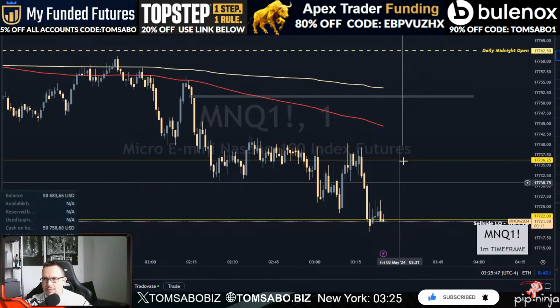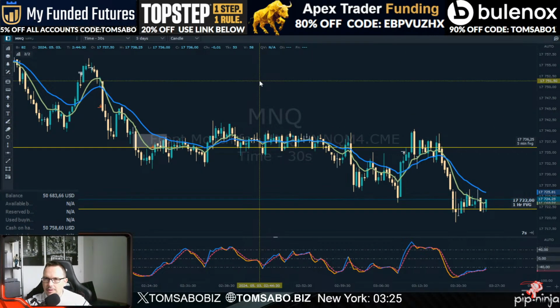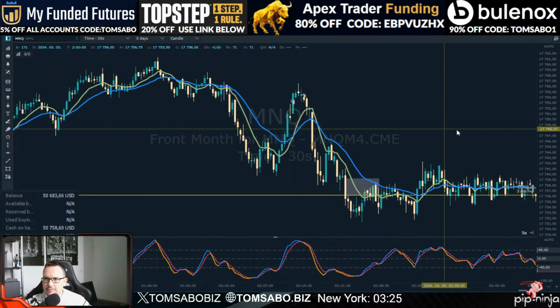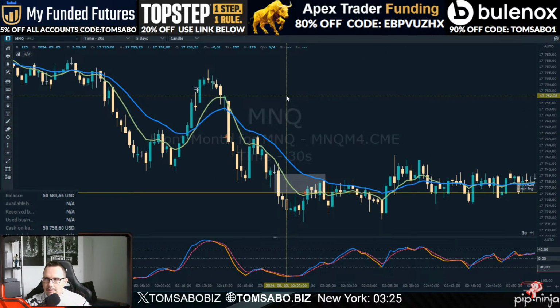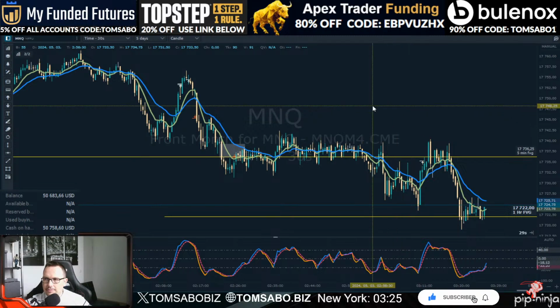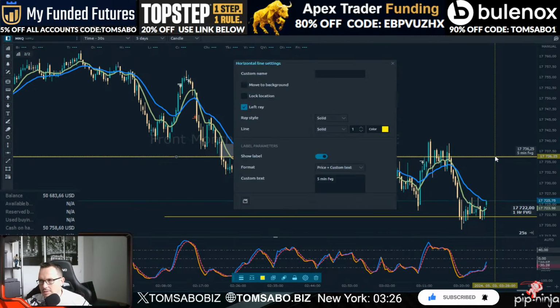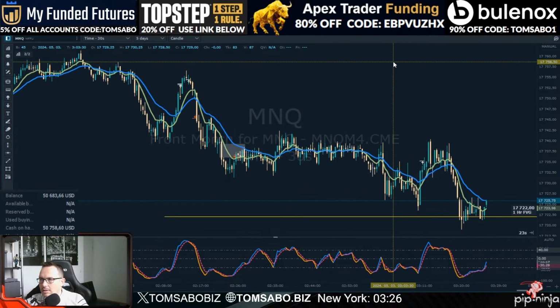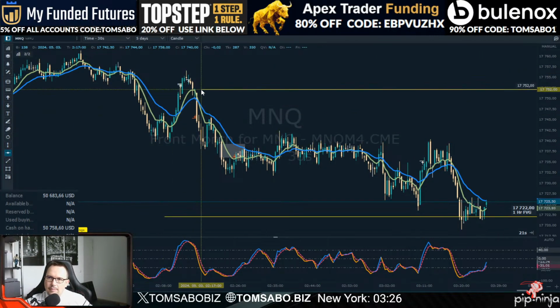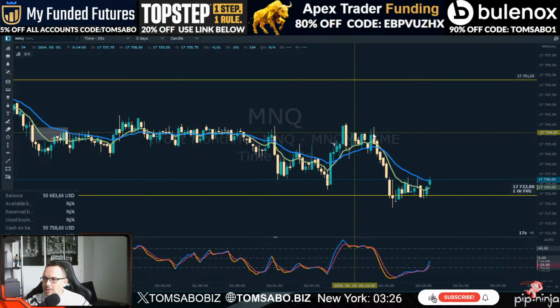It could be a good target for later if we see a shift. So it's right there. I'm going to put a line there. All right, 51.25. I'll be looking for that level.